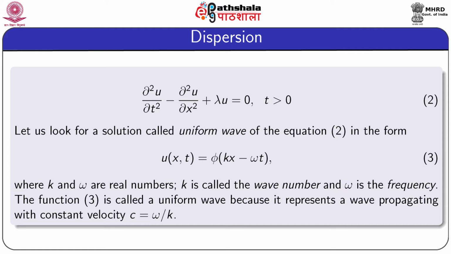So, for that we assume a solution in the form u = φ(kx − ωt), where k and ω are real numbers, k is called the wave number and ω is the frequency. The function 3 is called the uniform wave because it represents a wave propagating with constant velocity c = ω/k.